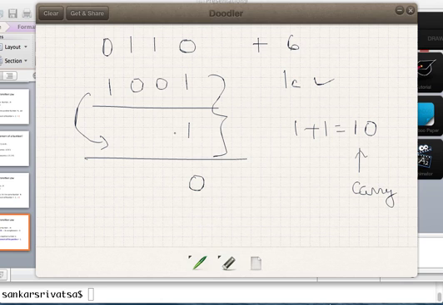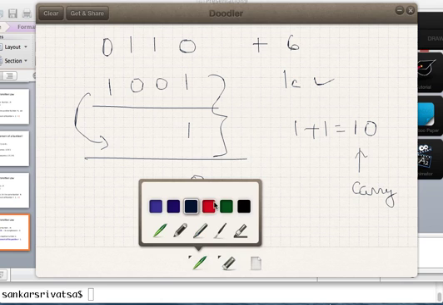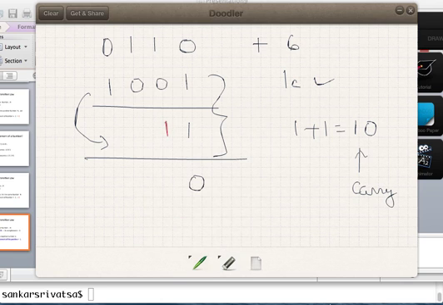Then 0 plus 1 is 1. So this is the negative number representation of -6.